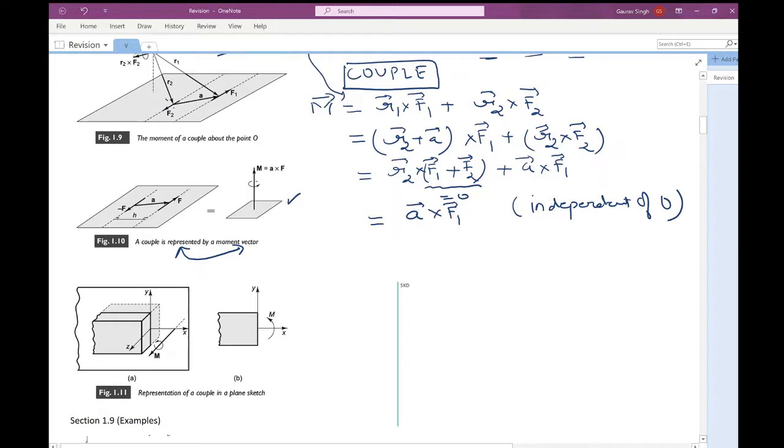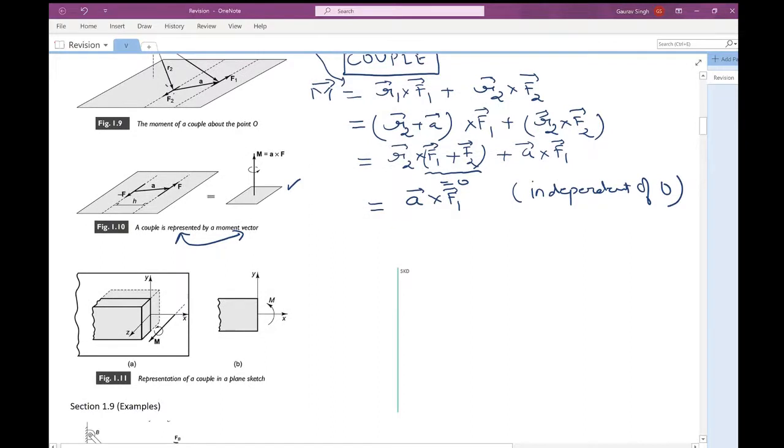There is another way to define the moments whose axis is perpendicular to the plane. So let's see this figure, figure 1.11. Okay. So in this particular figure, you sketch the plane figure acted on by a couple whose axis is perpendicular to the plane.